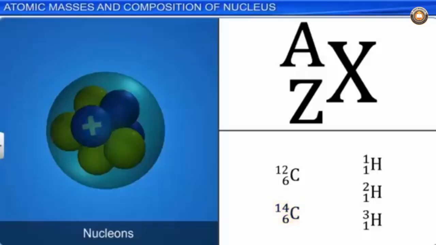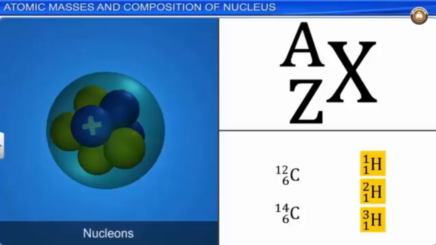Isotopes are nuclides of the same element but with different mass numbers. For example, carbon-12 and carbon-14 are said to be isotopes of the carbon nucleus. Similarly, H1, H2 and H3 are said to be the isotopes of the hydrogen nuclide.